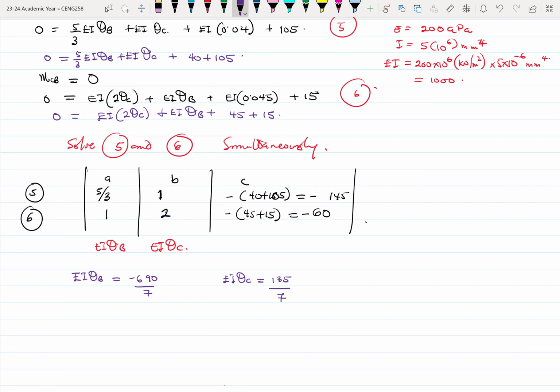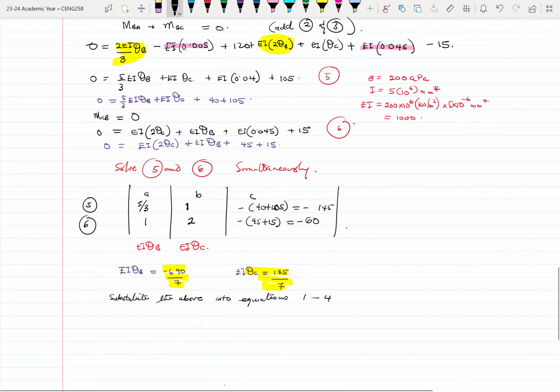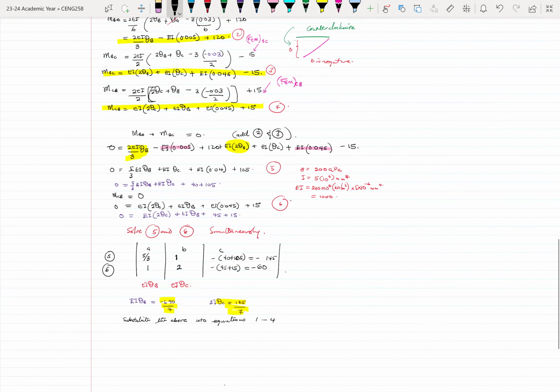Okay. So once you have these answers, you can say that substitute the above into equations 1 to 4. Okay, so let's see if we are on the right path.